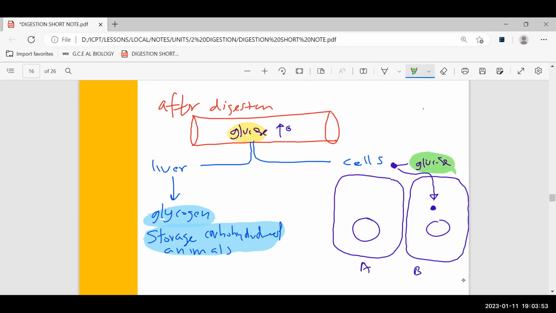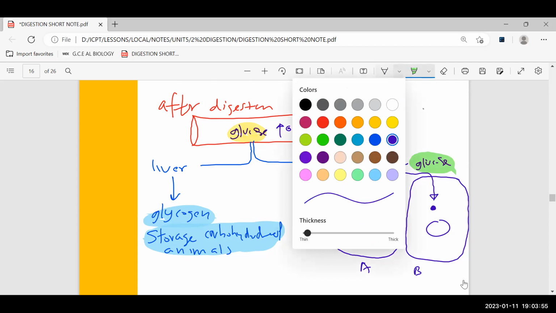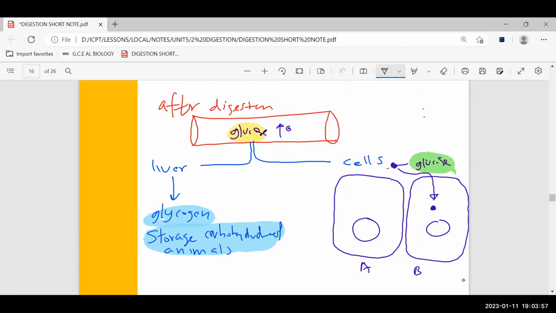But in many cells, it is not possible for this glucose molecule to go in. I will tell you why some cells can easily take glucose, because we can consider them VIP type cells, very important person like cells.